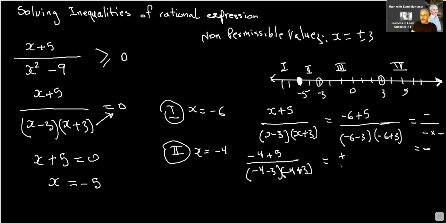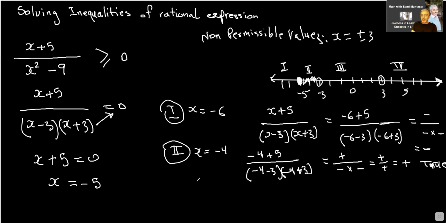Negative 4 plus 5 is positive. And negative 4 minus 3 is negative 7, so negative. And negative 4 plus 3 also gives me negative. That's going to be positive over positive, which gives me positive. Is that greater than or equal to 0? Yes, it is. So negative 4 will give me a true statement here. I'll get a positive number. Any positive number is definitely greater than or equal to 0. So I'm going to shade in here.